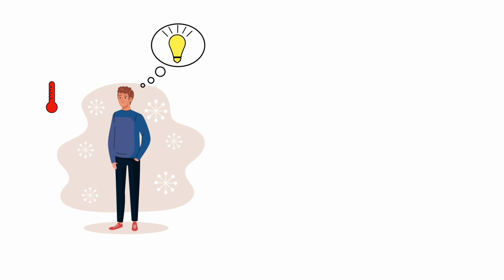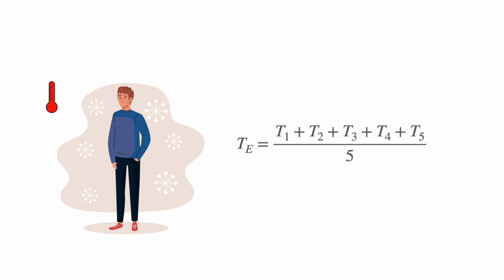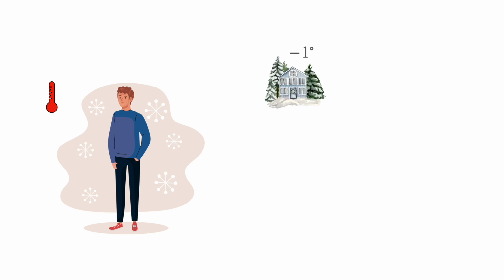Being a good scientist, he decides to contact all 5 of them and take the average. The average, or what scientists and statisticians call the mean, is just the sum of the 5 values divided by 5. So our intrepid scientist conducts his experiment and calls his first neighbor, who reports a temperature of a chilly -1 degrees.